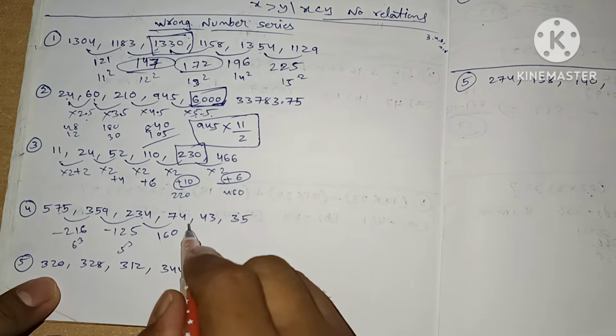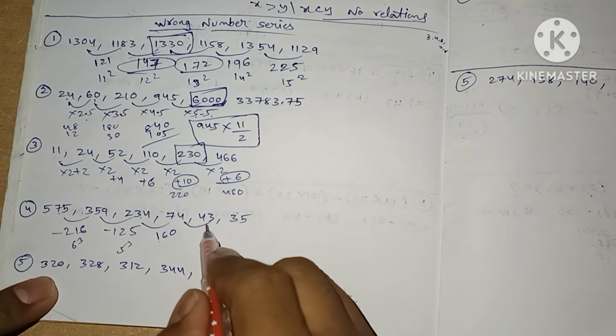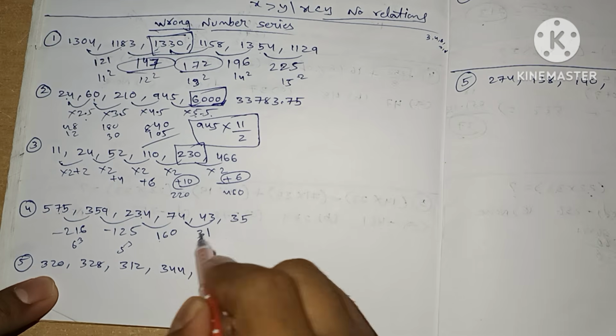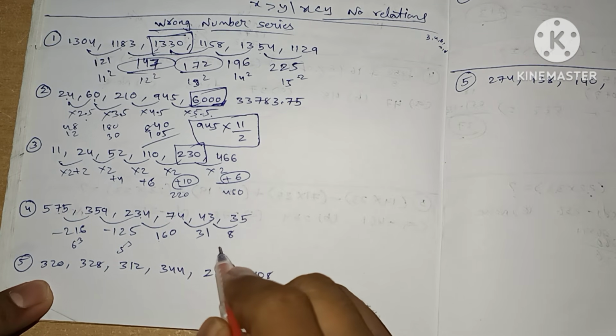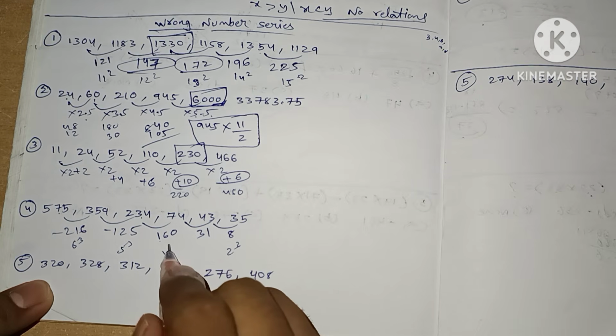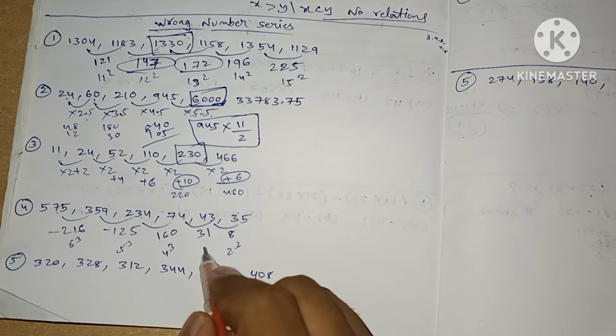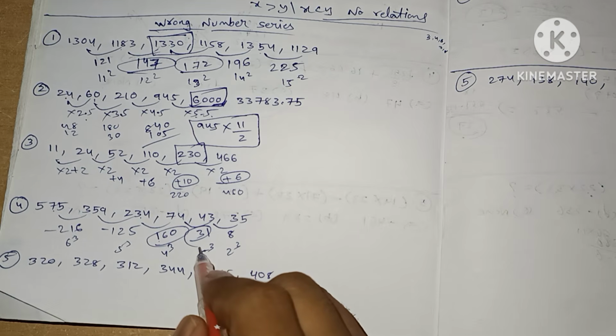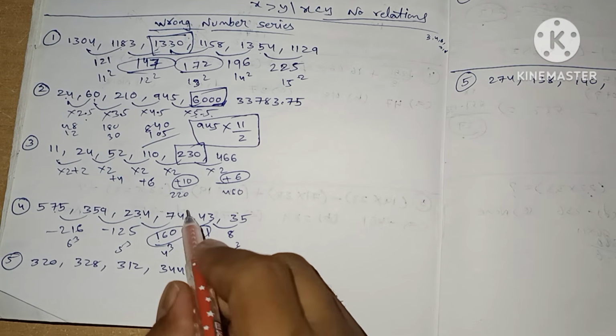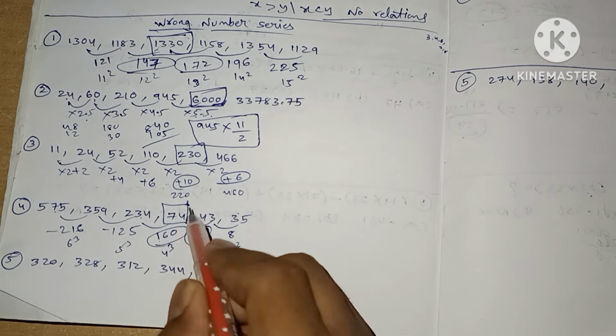So it must be the wrong one. Here we see the difference of 1 and 31. Here we see a difference of 5 plus 3, 8. So this is 2 cube. So it must be 4 cube and it must be 5 cube. So these two are wrong in numbers. So our wrong number is in between them, which is 74.